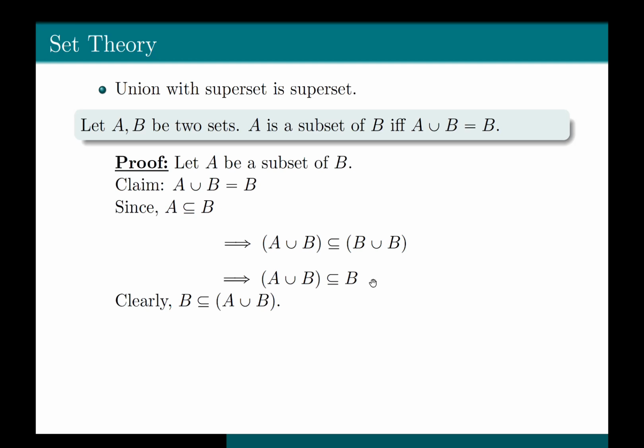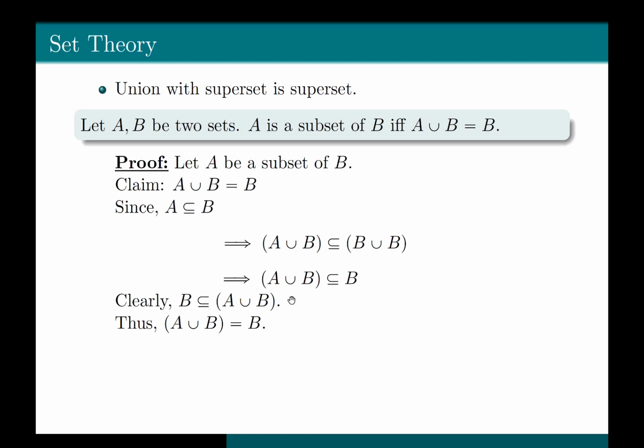The very first property we proved, that if we have A and B as two sets, then A is a subset of A union B and B is a subset of A union B. It is by the definition of union of two sets, right? Okay, so now we have that A union B is a subset of B, B is a subset of A union B, and thus we have the result that A union B is equal to B.